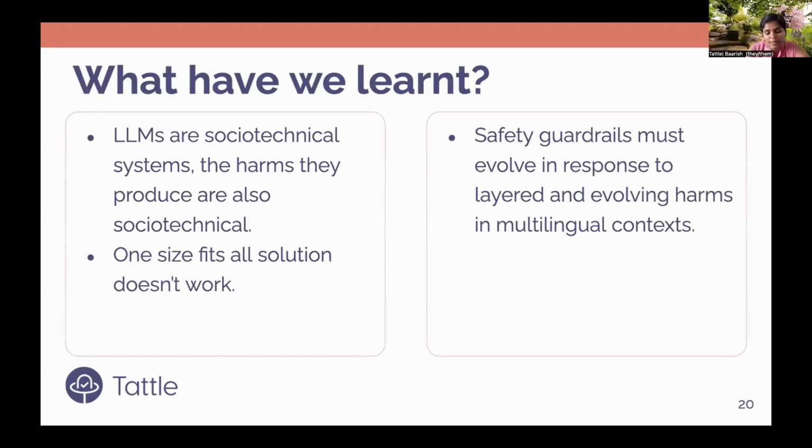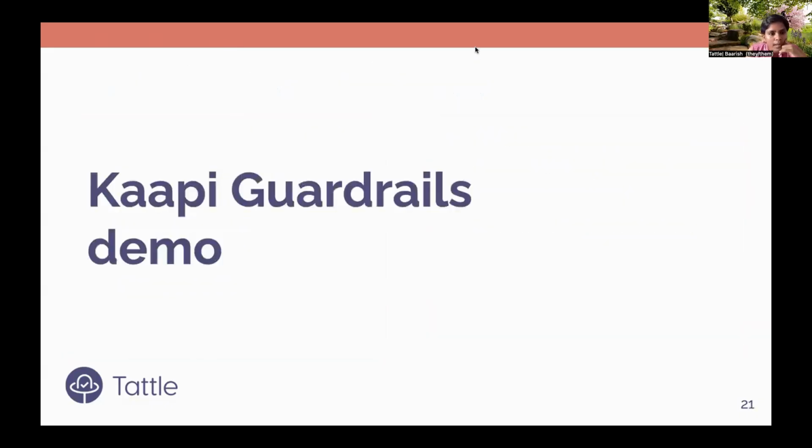And this becomes particularly important in a multilingual context where harms don't manifest in the same way depending on what language people are using and the cultural context they're operating from. And so to see some of the ways in which we've got to keep configuring the safety guardrails once we start implementing them, I'm going to invite Denny now to give us a demo.